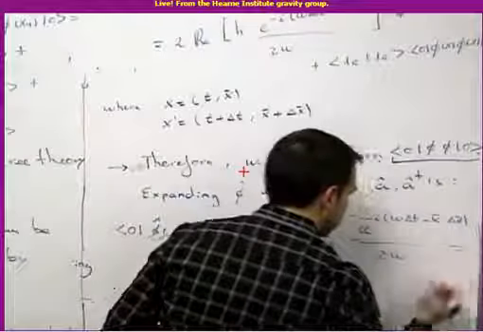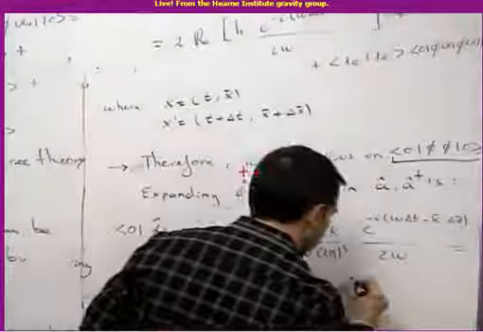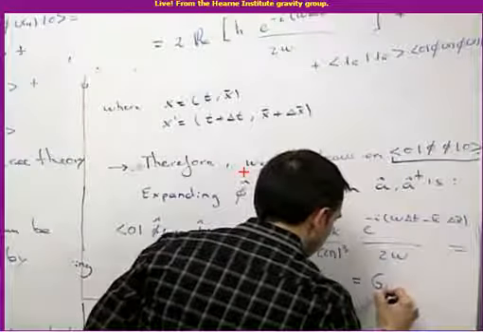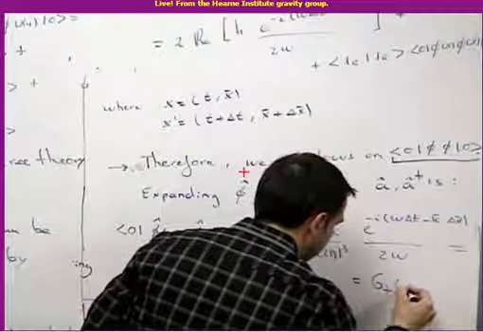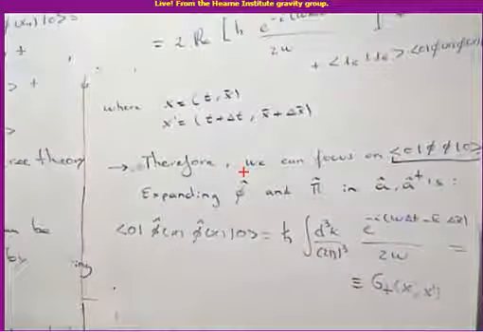This is the formal expression for the 2-point function, and normally a good name is just G of x, x prime. This is just the definition of this name.